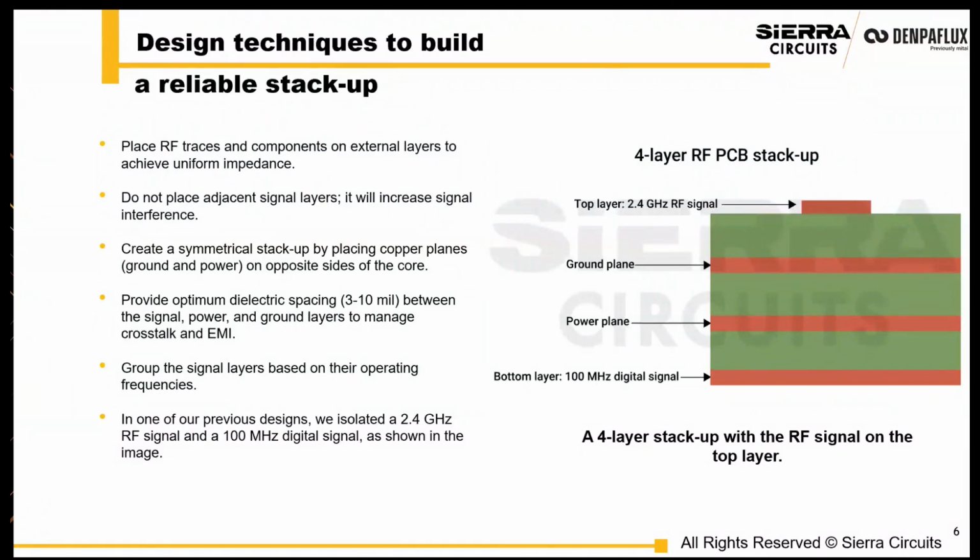Sometimes you don't always have that choice, but you definitely want a symmetrical stack up where your ground and power planes, however they're positioned within the stack up, are evenly distributed. And in order to minimize EMC and crosstalk, you want to follow some rules on the dielectric spacing, which are listed here.